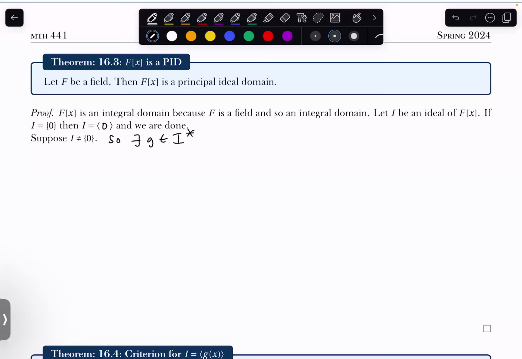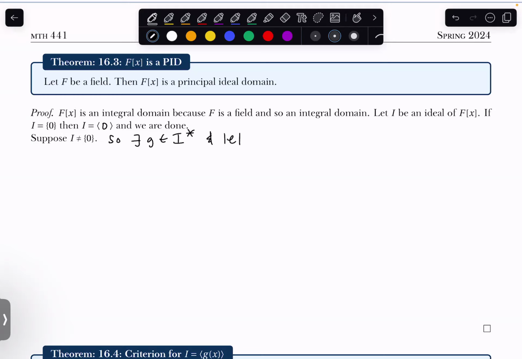Let's call it G. And we're going to do more. We're not just going to take any non-zero one. We're going to take one that has the smallest degree. So I could have multiple options. I could have a bunch of constant polynomials in there, and I just want to choose one of them. I don't care which one it is, but if it has the smallest degree, then it will be a contender for the generator for that ideal.